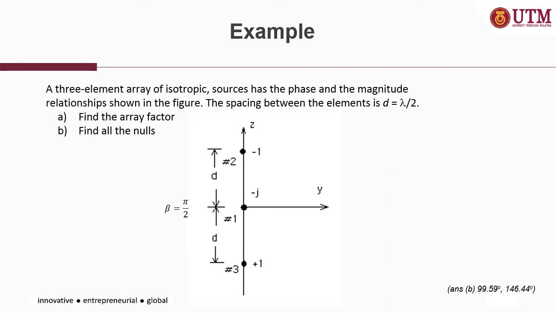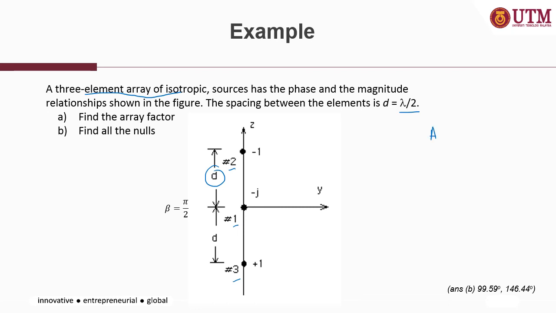Okay, let's look at another example. A 3-element array of isotropic sources has the phase and magnitude relationship shown in the figure. You have the first element, and then the second and the third, and these elements are separated by distance d equal to lambda over 2. Find the array factor.